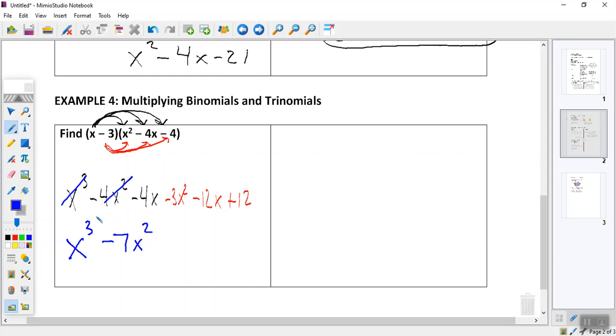Negative 4x squared, negative 3x squared would be negative 7x squared, right? I see a negative 4x. Anything that would combine with a negative 4x? So this becomes, and then, I'll swap.